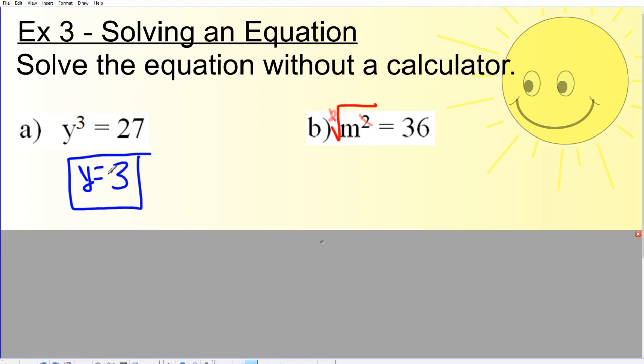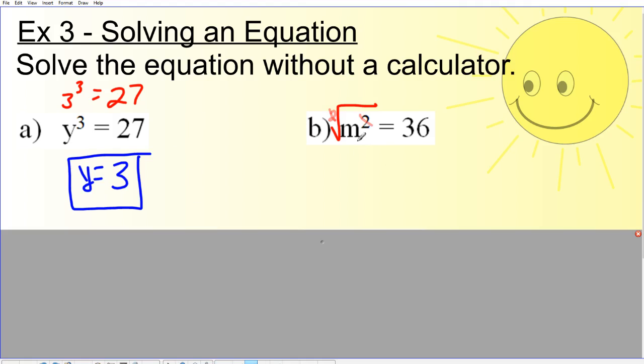It says here that y is 3. So if I take 3 to the third power, I should get 27, right? Well, try it. 3 times 3 times 3 is 27. This math works out. This y value of 3 is the correct y value to make this equation true. So we have the correct solution.